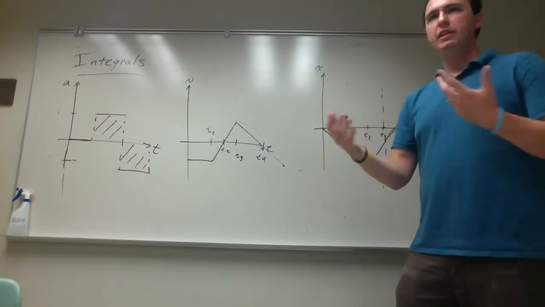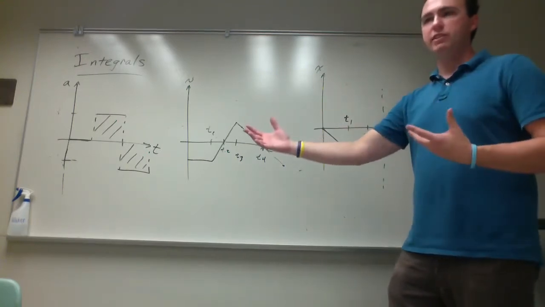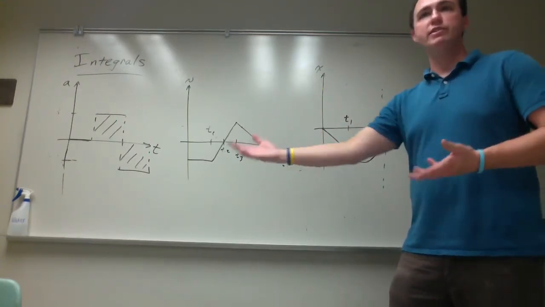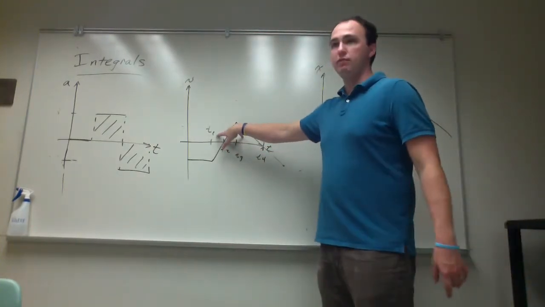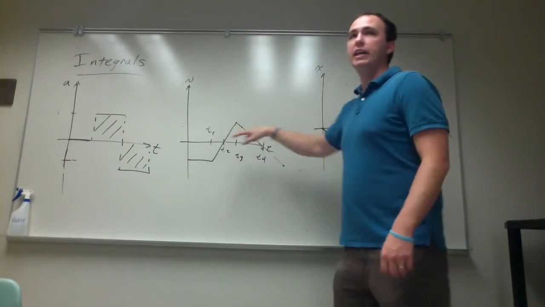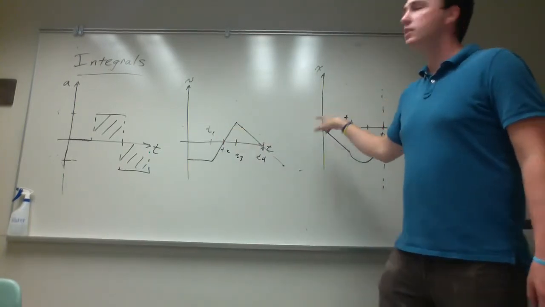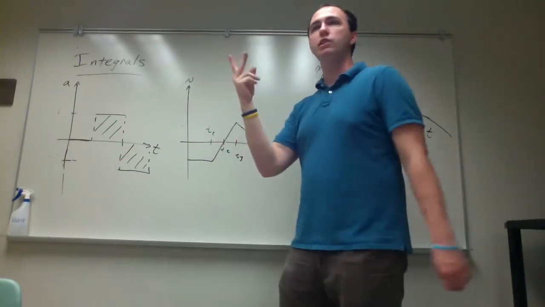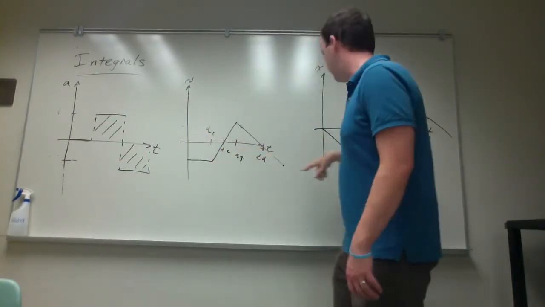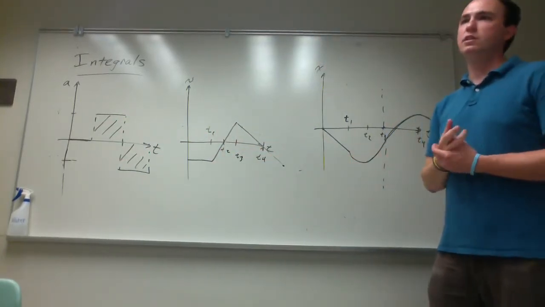In a differential equation, you're basically given some information about a derivative or a second derivative, right? If I'm given the velocity, that's a first derivative, I just need to be told the initial position. But if I'm given the acceleration, in order to know everything, I've got to know two initial conditions: the initial velocity and the initial position.